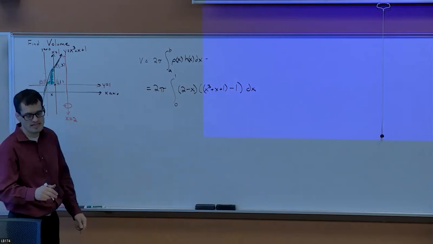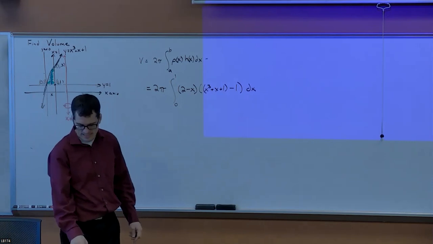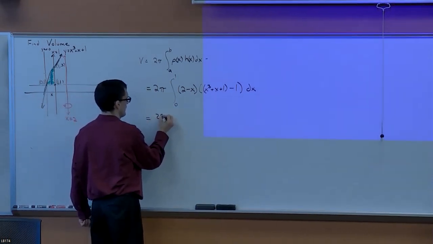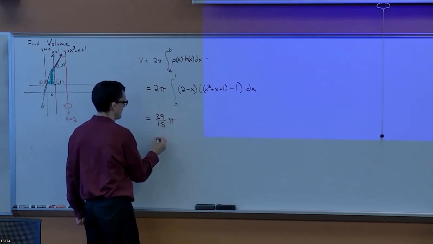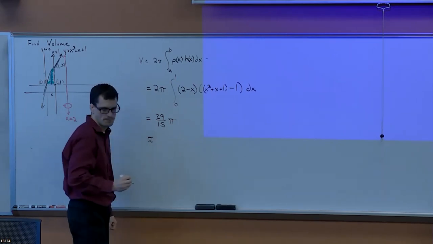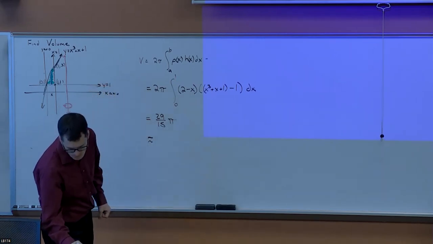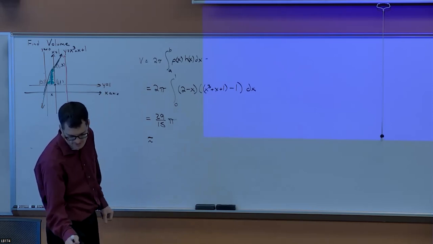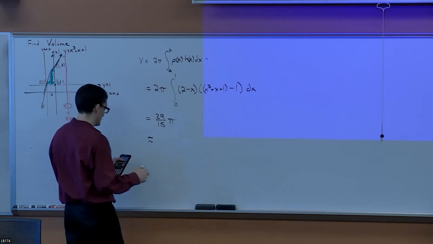I've already plugged that into my calculator and got, well, you can write this a number of different ways, but 29/15 times pi, or approximately 1.9333 repeating times pi, or approximately 6.07.